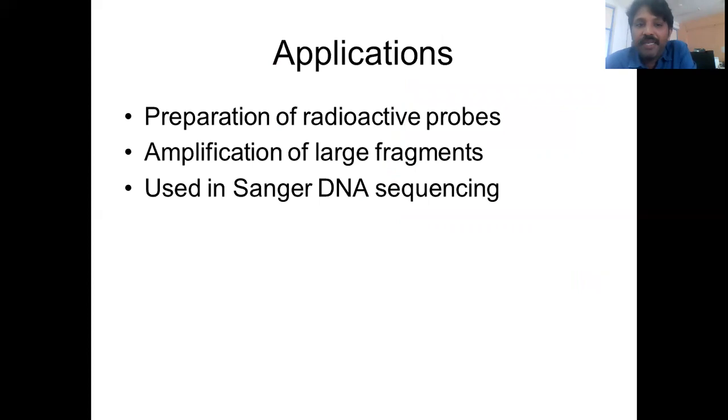So coming to the applications, T7 DNA polymerase is used in the preparation of radioactive probes. And the second application is, since it is having the highest processivity, it is used in the synthesis of large fragments.